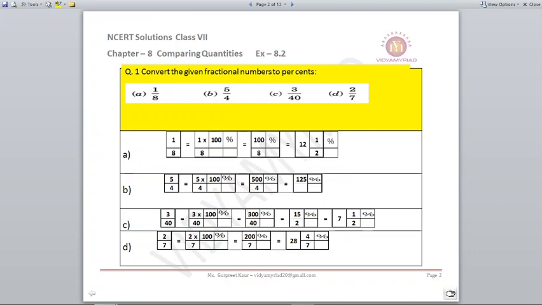So multiply with 100%, divide it, it will become 15 upon 2%, which can be written as 7 1 by 2%. Lastly, 2 by 7 multiplied by 100%, 200 upon 7. So you can convert it into a mixed fraction.